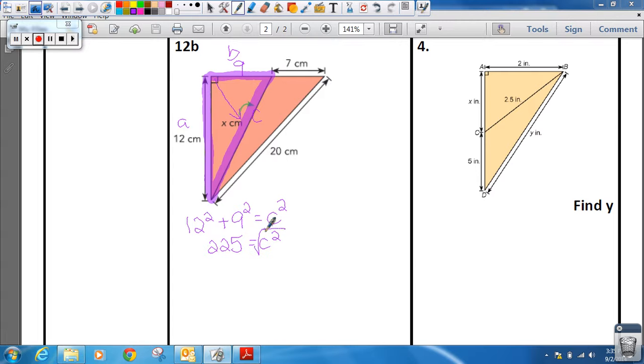The opposite of squaring is to take the square root. And we end up with C equals 15 centimeters. So my answer here is 15 centimeters. X equals 15 centimeters. You need to go ahead now and solve guided practice over here, number 4, and you are trying to find Y, it said.